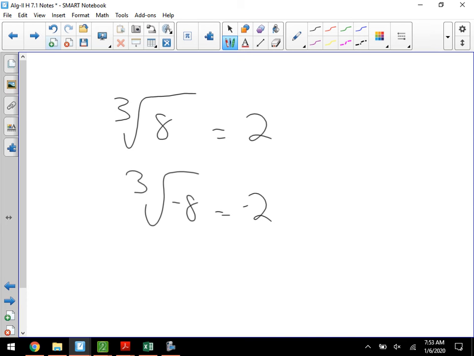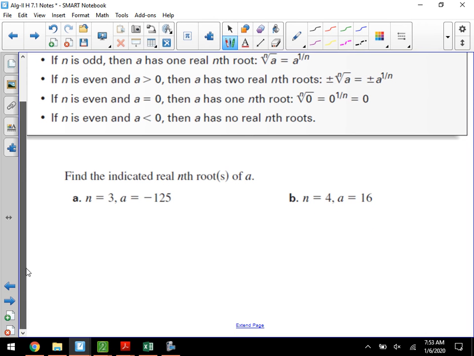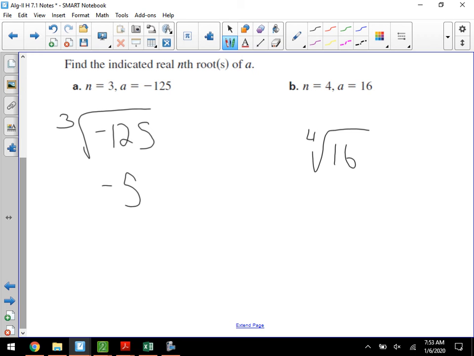Now, also with this, what would be the cube root of -125? 5. Now, all these values are going to be stuff you'll be able to figure out without too much of a hassle. Same thing here, the 4th root of 16 would be what? Plus or minus 2.